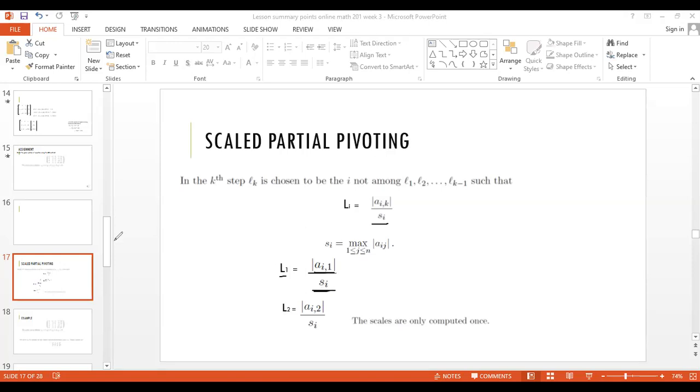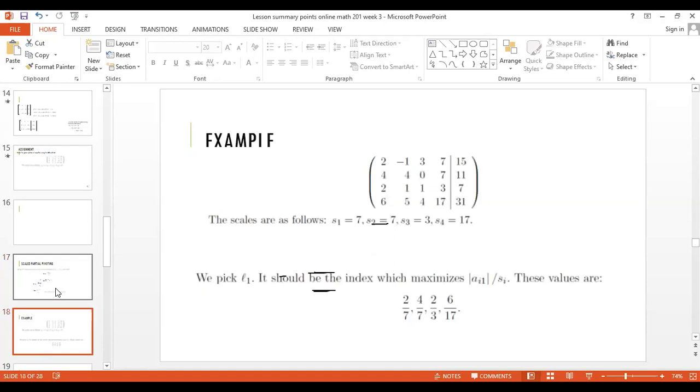Very good. Then in our explanations on Monday, we also said that to select a pivot at any step, you have to find your li. But taking into consideration that our scales Si, the maximum value in each row, are only estimated once.